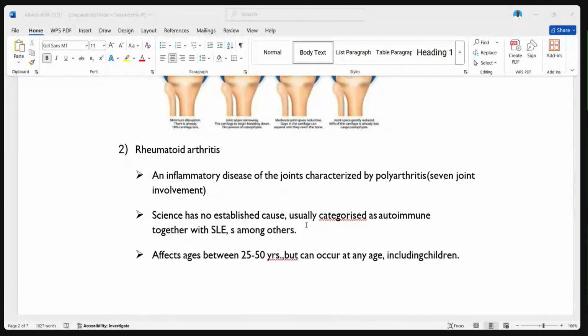If someone is a carrier, there must be an environmental trigger, because with any genetic condition, it's like you carrying the gun, but there must be a trigger to pull the gun so that it can shoot.